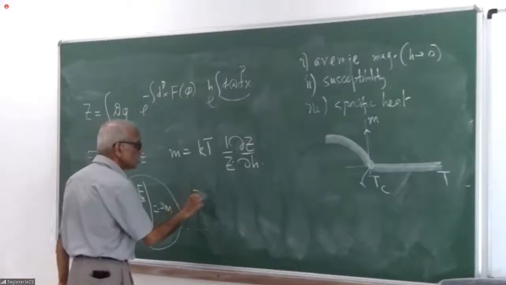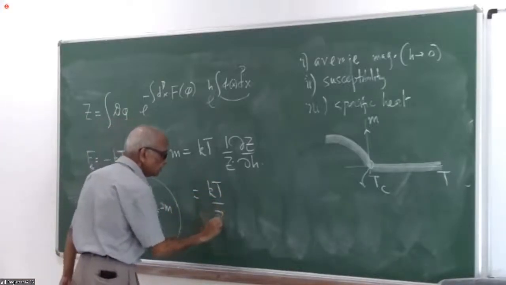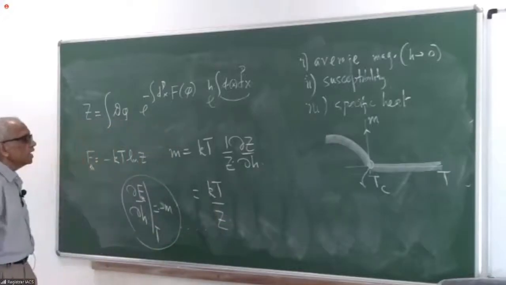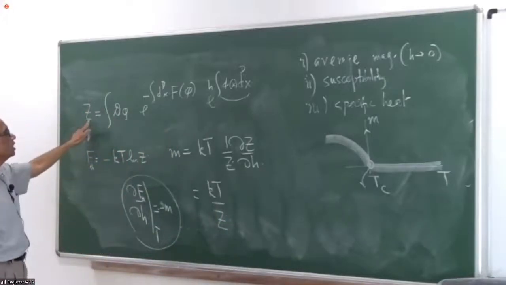So this is equal to kT divided by Z, and it is del Z del H.